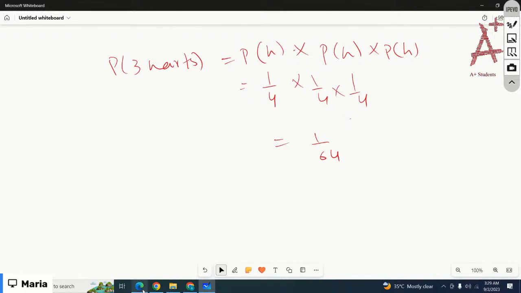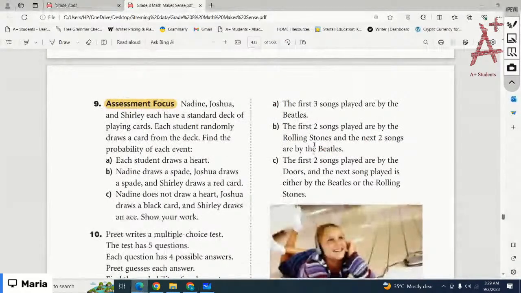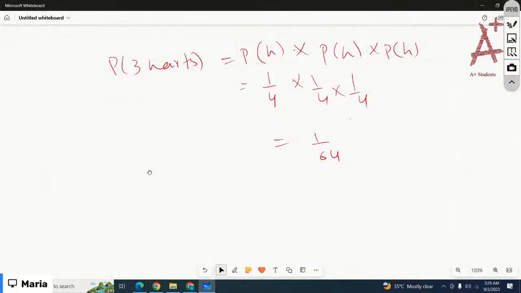Then the B part. Oh no, we are working on question number 9B. Nadine draws a spade, Joshua draws a spade, and Shelley draws a red card, right? So you have to calculate the probability of spade, spade, and red. Let's calculate the probability of spades.